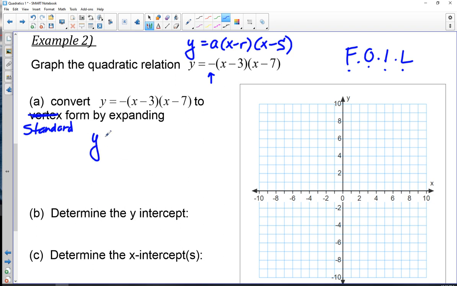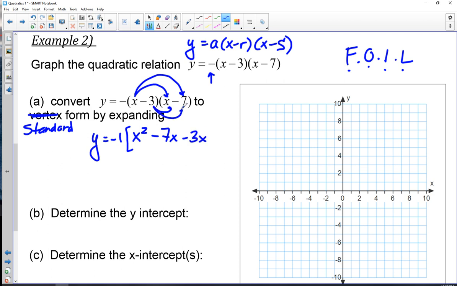So let's do that. I'm going to just leave that -1 out for a minute. And I'm going to expand, so x times x first. x times -7 would be -7x. So x squared minus 7x. Then the inside terms, -3 and x is -3x.